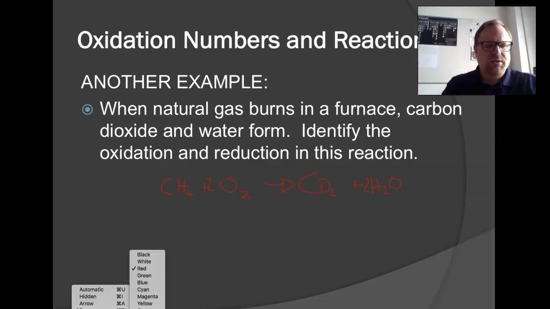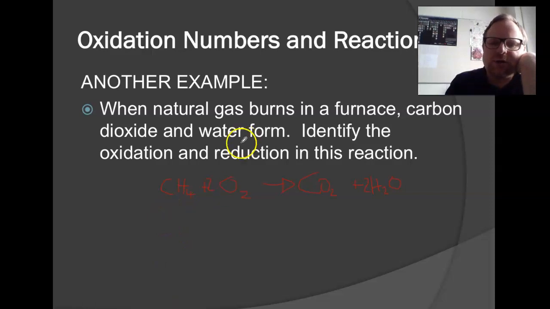I'm going to switch colors here to white, and we'll fill in our oxidation numbers. So oxygen, again, no charge because it's an element, but it's going to be -2 over here and -2 over here. Hydrogen is going to be +1. There's carbon dioxide again, so that must mean carbon is +4 when it is part of carbon dioxide.